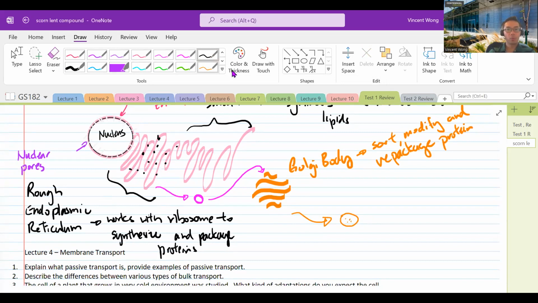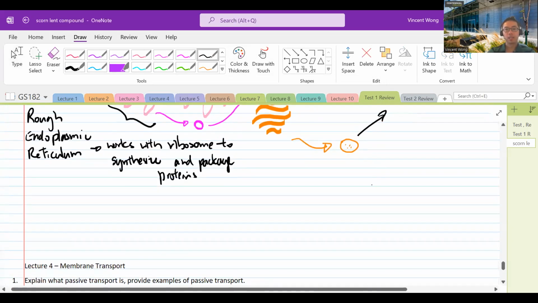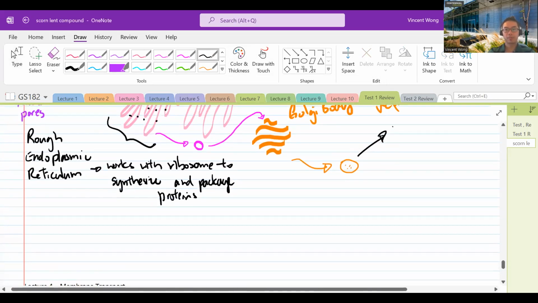So where will this go? Well, we talk about a couple of destinations, right? For example, it could be released immediately out of the cell, right? Okay, we're gonna get rid of it right away.